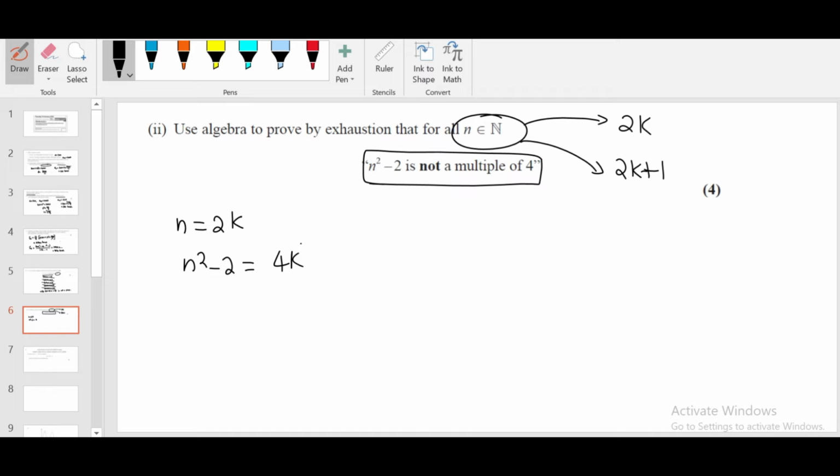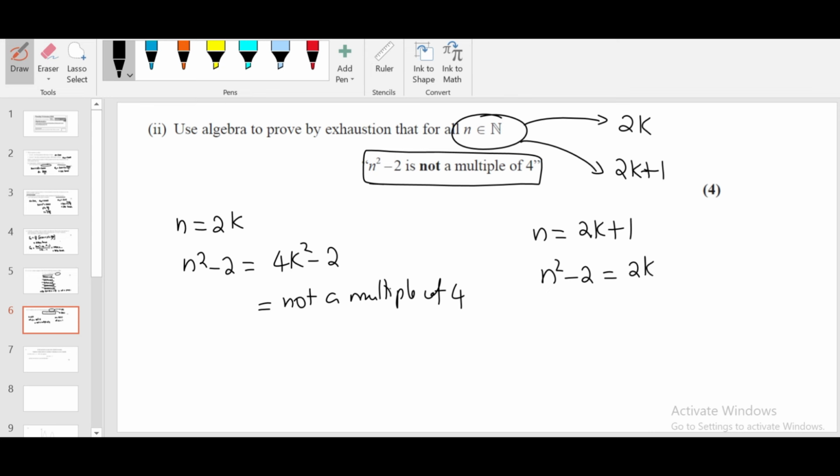You'll get 4k square minus 2, which is not a multiple of 4, because 4k square is a multiple of 4, minus 2 is not a multiple of 4. And then if you replace n by 2k plus 1, n square minus 2 is 2k plus 1 whole square minus 2, which is 4k square plus 4k plus 1 minus 2.